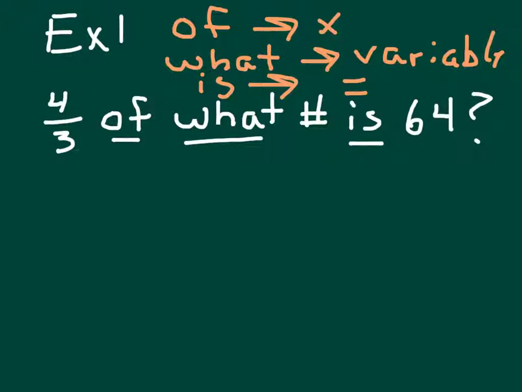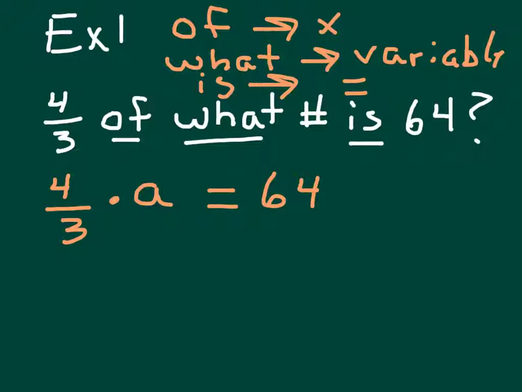I can rewrite this problem as 4/3 times A, where A is what number, equals 64. All I've done is take a word problem and write it as a math problem, using the words of, what, and is.